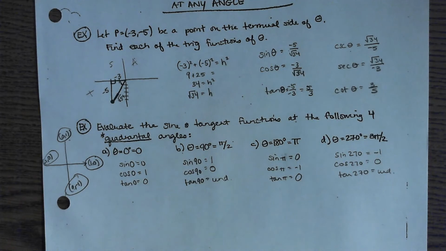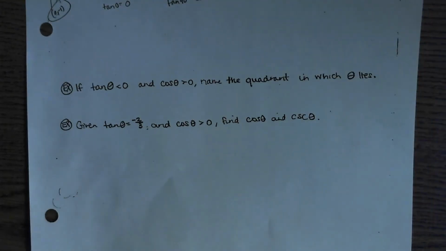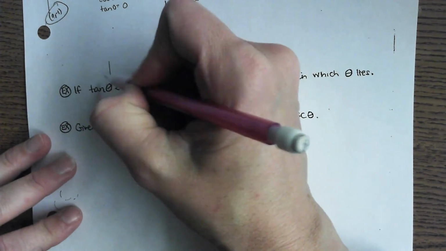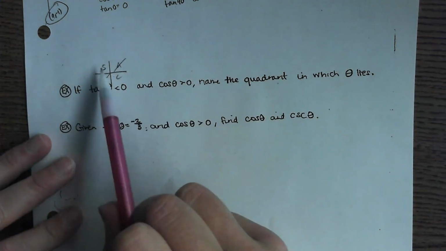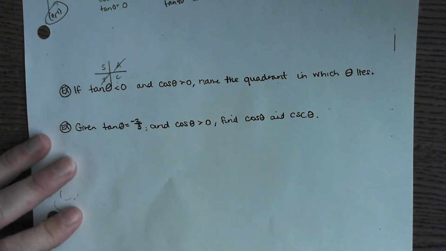Any questions? Okay. So then, just based on subtle information, you have to be able to read into the fact of what quadrant you're in. So if tangent is negative, that means we're either in 2 or 4, right?